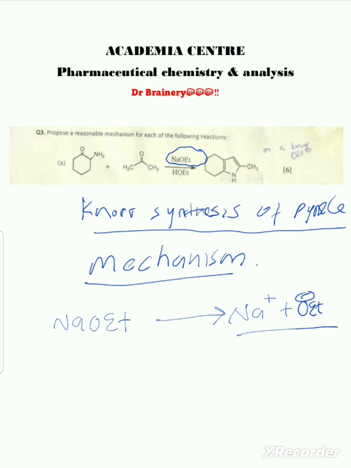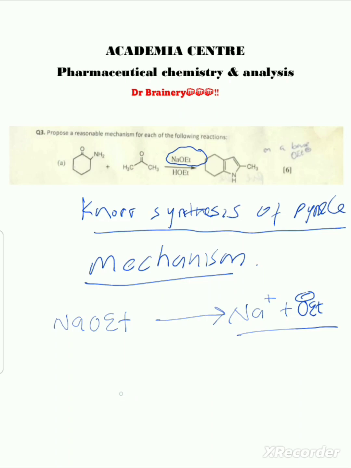Compared to that, when you look at acid, it activates the electrophile by protonation. So here, this is a base catalyzed reaction, so what we are going to do is to make the enolate, or to make the nucleophile, by abstracting the hydrogen.